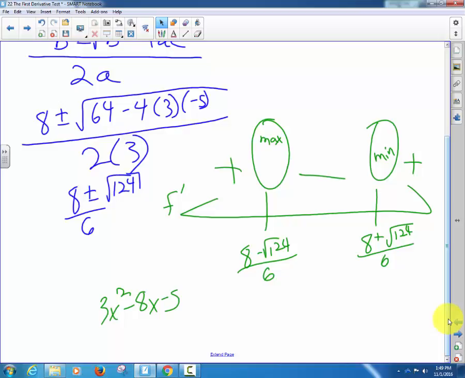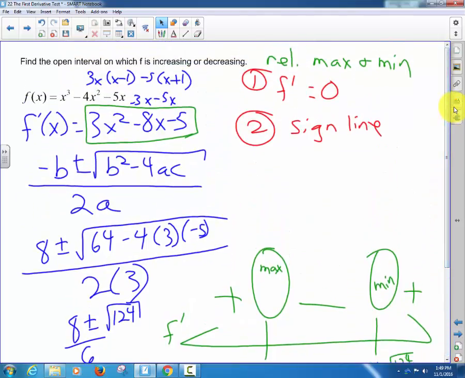Okay? Because look at the types of questions I can ask here. I could ask, where's the function increasing and decreasing? Where's the max? Where's the min? Where's the derivative positive? Where's the derivative negative? All those questions, all of that's information you've got to be able to do. So we answered the max and min question.